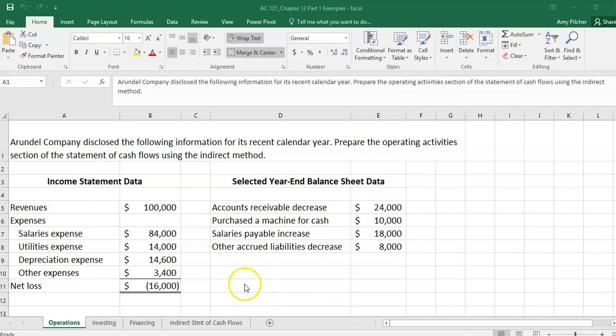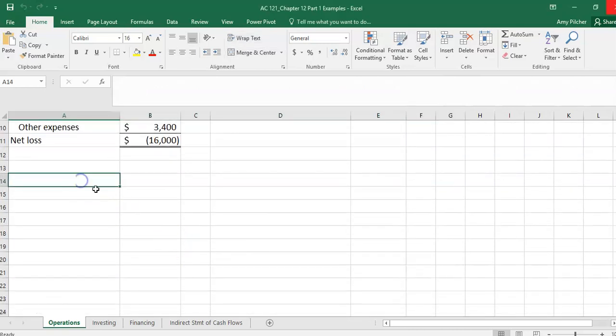So first, we're going to look at the operating section. We have information from their income statement and information from their balance sheet about changes in accounts. So our cash flows from operating activities.